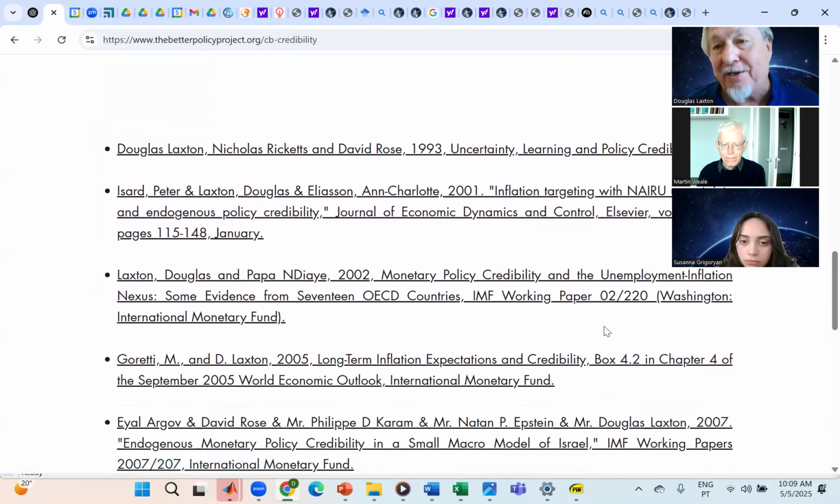In the very early days at the Bank of Canada, when we were developing the framework to do inflation targeting there, we recognized that long-term inflation expectations were much, much higher than what the target was, and that it was going to take time. So we built models with endogenous monetary policy credibility, starting with the paper with Nicholas Ricketts and David Rose and I that looked at learning and policy credibility. You might want to go back.